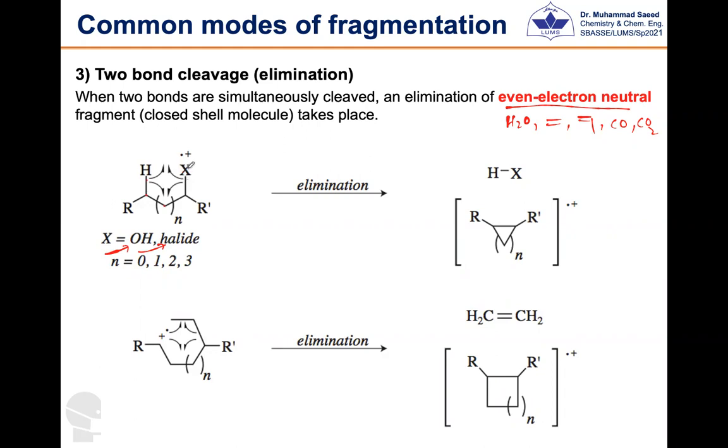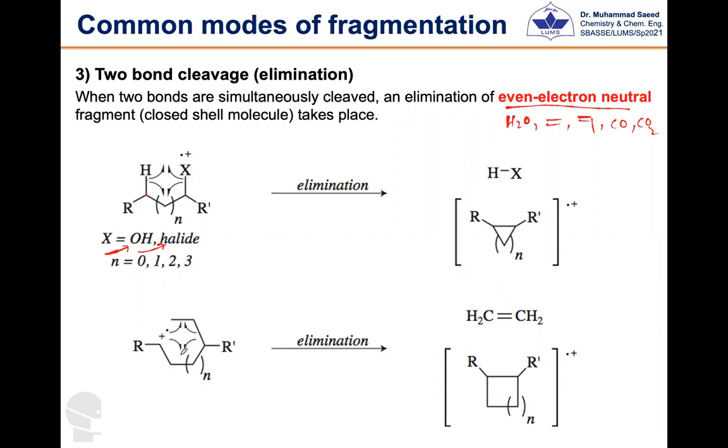For oxygen, for example, it will make water, and for halogen, it will make hydrochloric acid if it is a chlorine, or hydrobromic acid if it is a bromine. So that will be the neutral molecule that will be eliminated. Okay, the remaining electrons from these two species, from halogen and from hydrogen, they will recombine to give the cyclic structure like shown here.